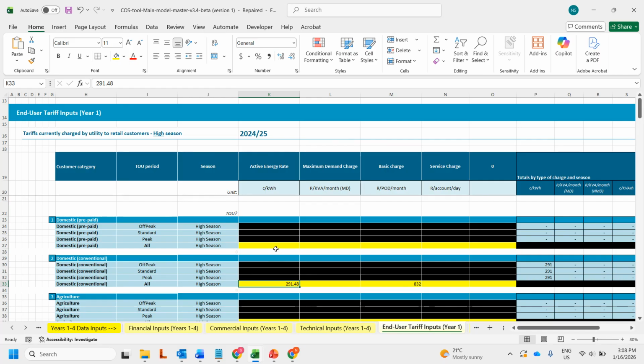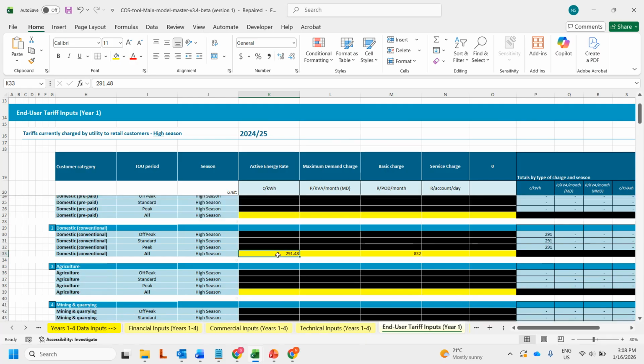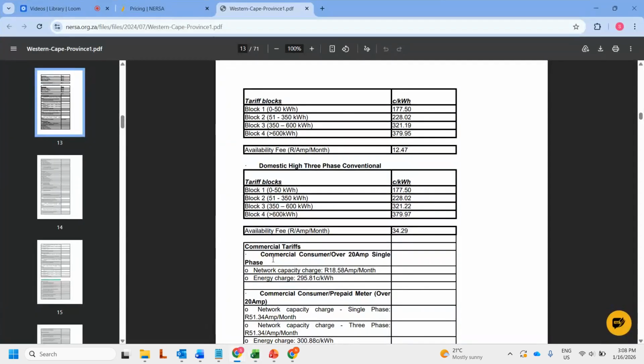So if you have, say, for your domestic conventional customers, an inclining block tariff, we tend to recommend that you use block 2, the price of electricity for block 2, because most customers will use at least, say, 50 kilowatt hours, but they might not get above 350, or they won't consume too much electricity in the higher ranges, but the bulk of their electricity will be consumed in this block 2 over here.